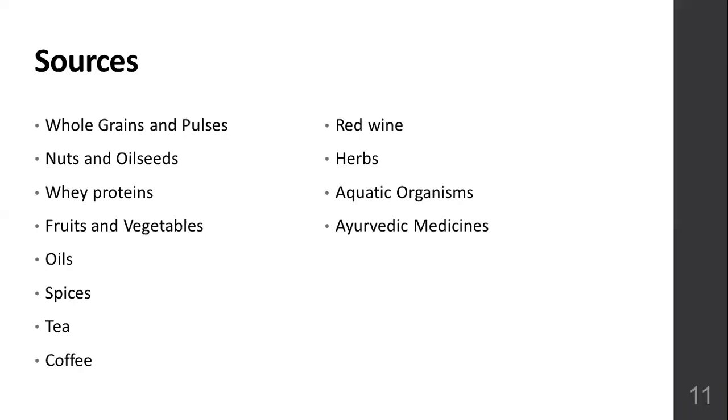Walnuts, brown raisins, peanuts, so they have the highest amount of antioxidants. Then whey protein, if you're taking whey protein, it also has antioxidants that can increase your tissue's glutathione levels.